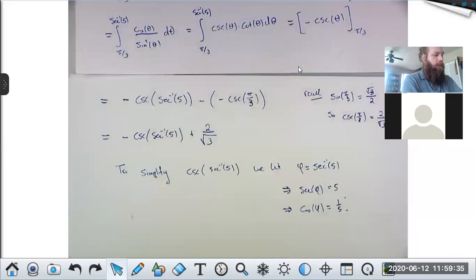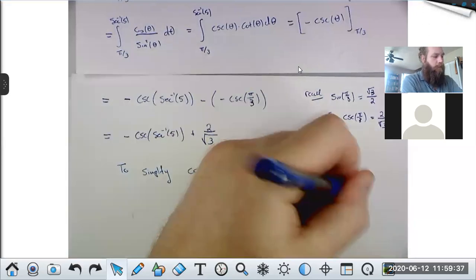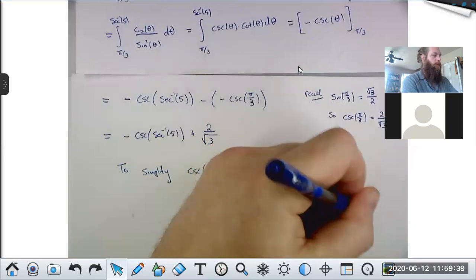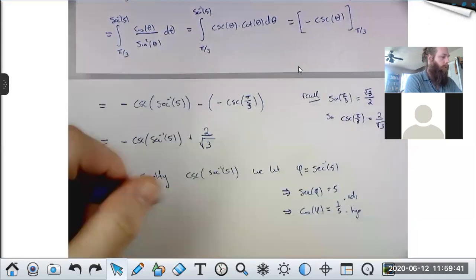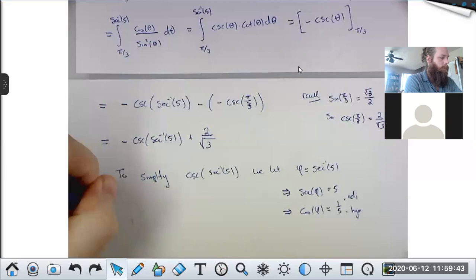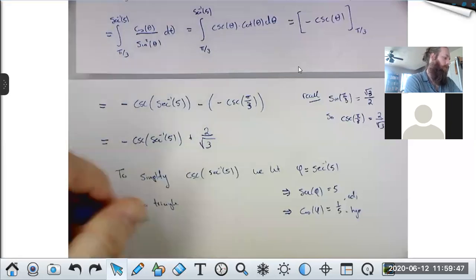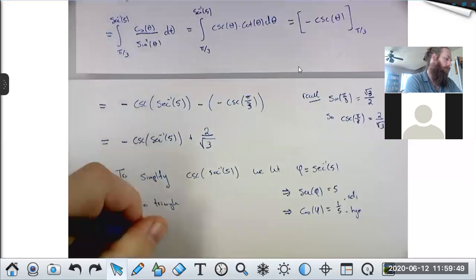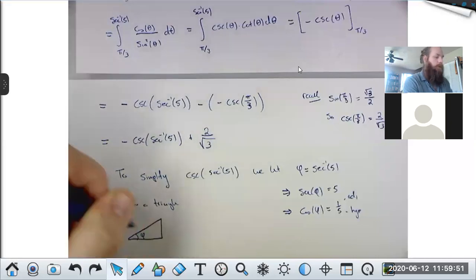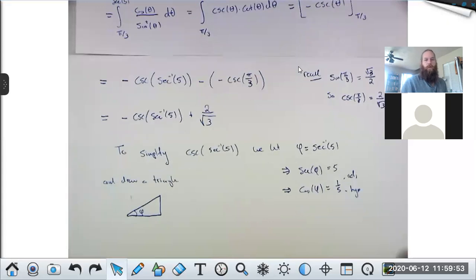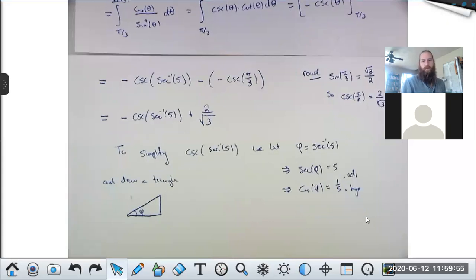Cosine is the adjacent over the hypotenuse. So I'm going to draw a triangle. So if I draw a little right triangle there where the internal angle is phi, oh no, trig is all of math.